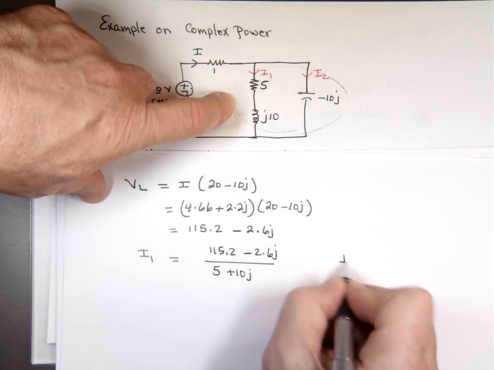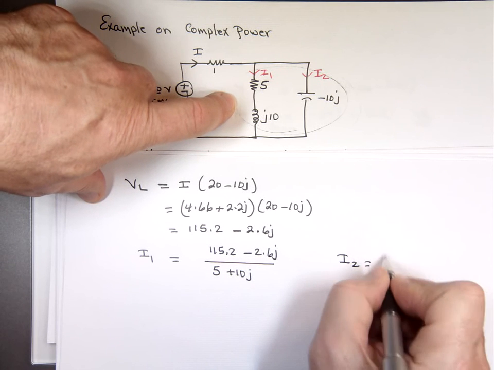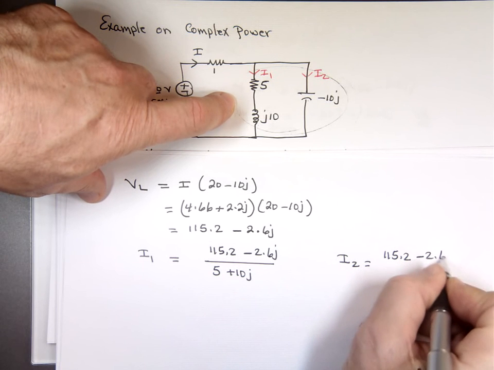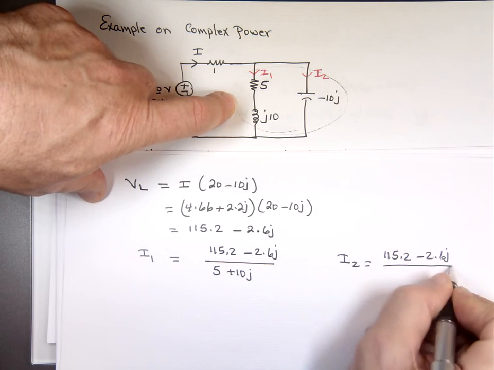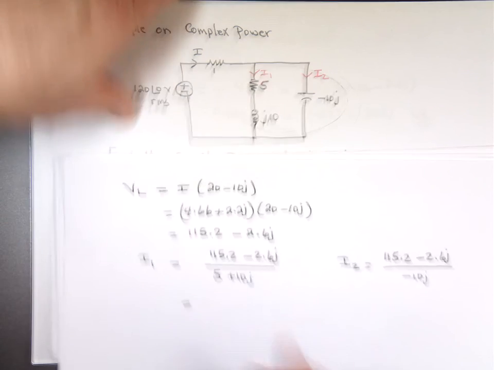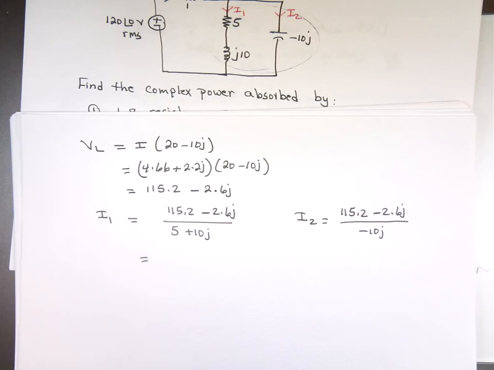V, which is 115.2 minus 2.6j, divided by what? Negative 10j. So do we have answers for them? Let me know if you get I sub 1, I sub 2.